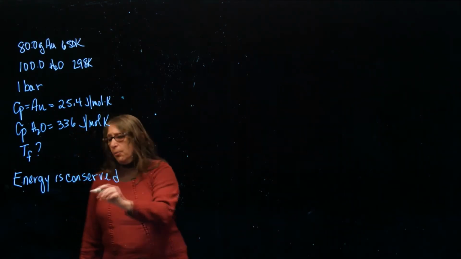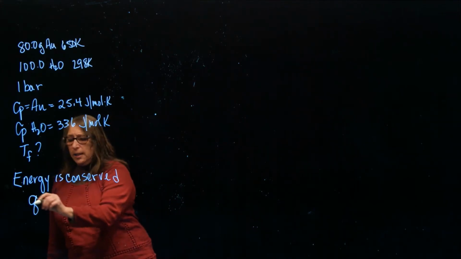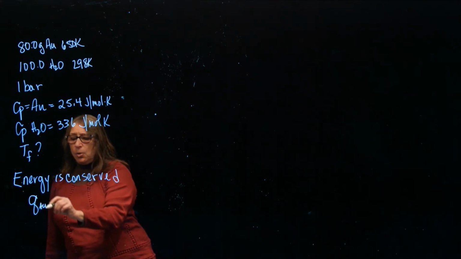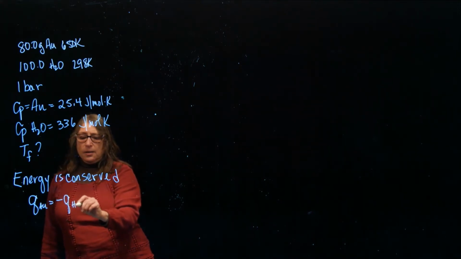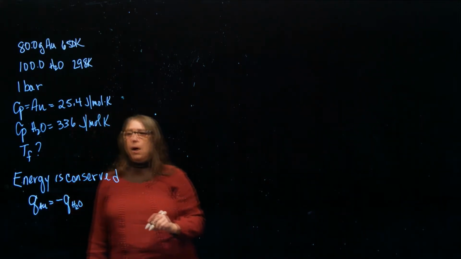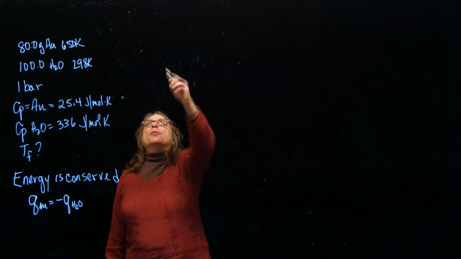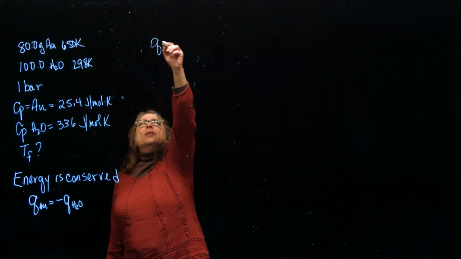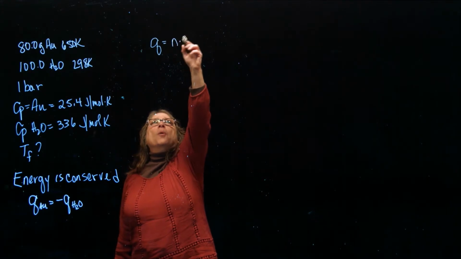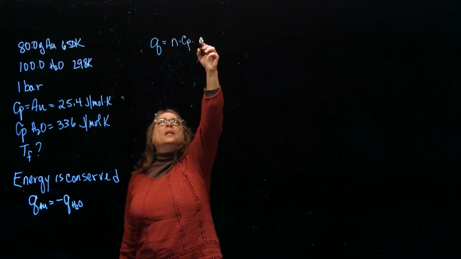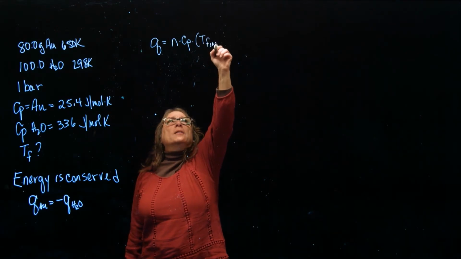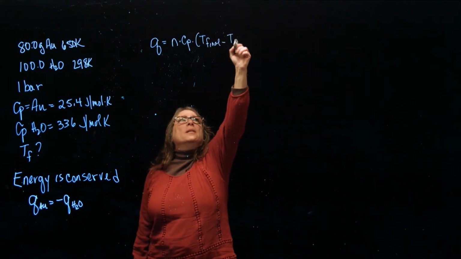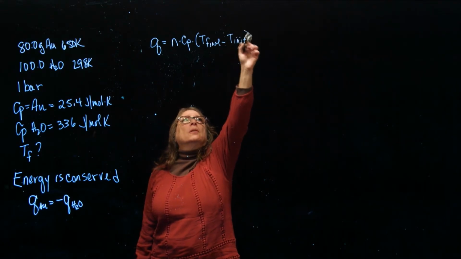And that means whatever the initial heat transferred from the gold is equal and opposite to the change in the heat for water. And we know that the heat is equal to the number of moles times the heat capacity times the change in temperature, which is the final temperature minus the initial temperature.